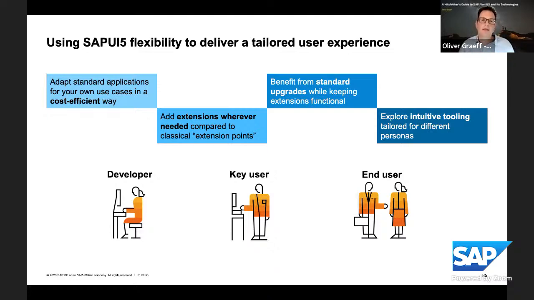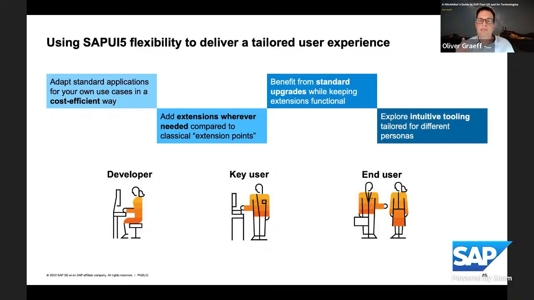In the past, extensions only worked for predefined extension points. If you have an ABAP history, there were those BAdIs. So SAP put in BAdIs where an application developer thought maybe a customer or partner would want to extend in this place. And then you can use that. But if there's no BAdI or no extension point, then it's a challenge.